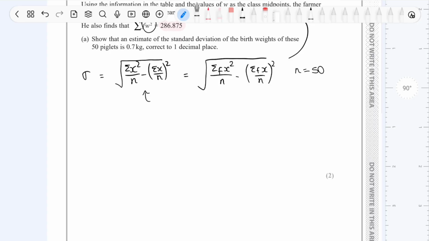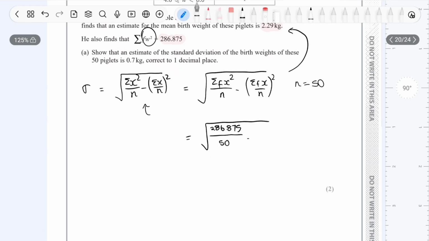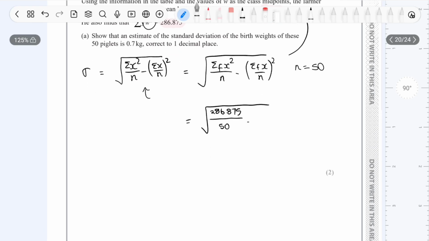So I'm just going to substitute the values in. The sum of f x squared, or f w squared as it is in the question, is 286.875 over n, which is 50. And we don't have to do the mean, thankfully, so less workings for us. So just 2.29 squared.